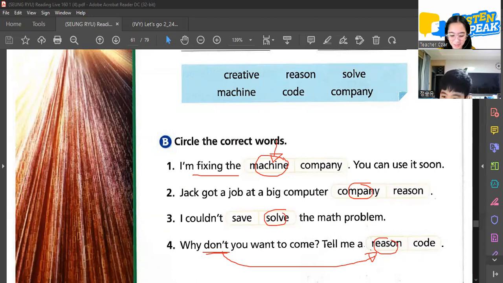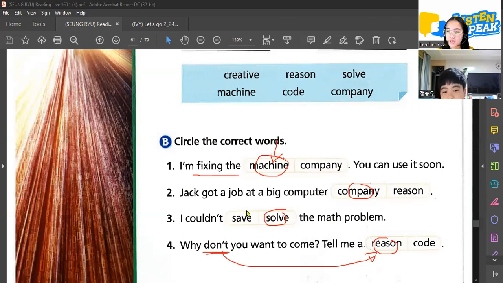No. Okay, I will translate it. Okay, wait for a moment. Here it's gone. Did you hear it? Washing machine, or this one on our chat box.